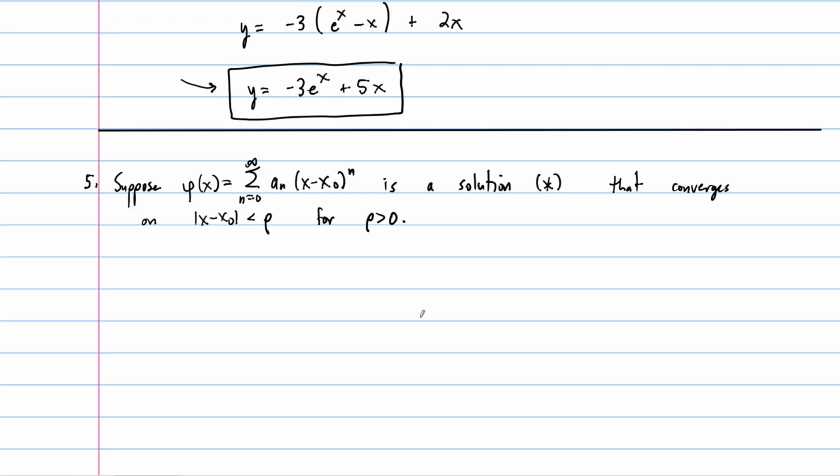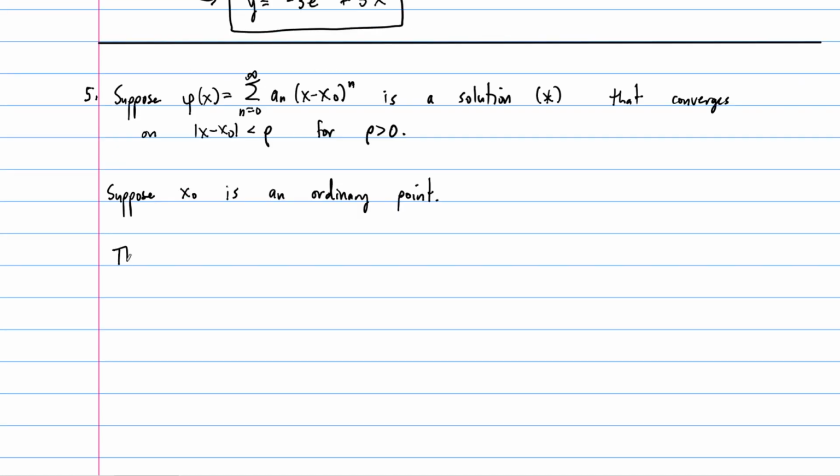Okay? Now, further, let's suppose that x naught is an ordinary point. All right, so we're still dealing with ordinary points, but let's say it specifically here. So this is where I'm going to add a few details to what we mean by ordinary point.